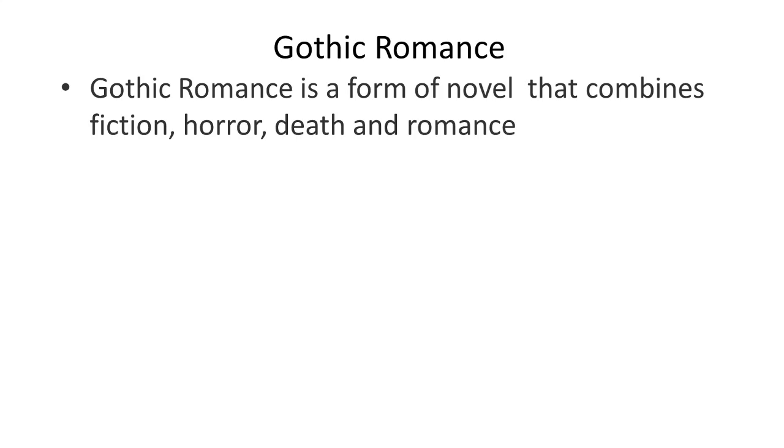And in this kind of novel you find some features like fiction. Fiction is something fictitious. It may not be real. It is made up. And then you find horror stories, and we find a lot of death in that, and there is romance also. So these are some of the basic features of Gothic romance.